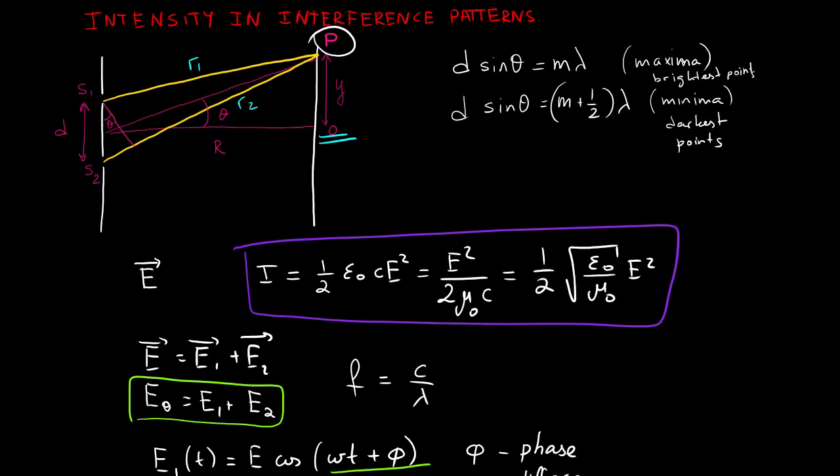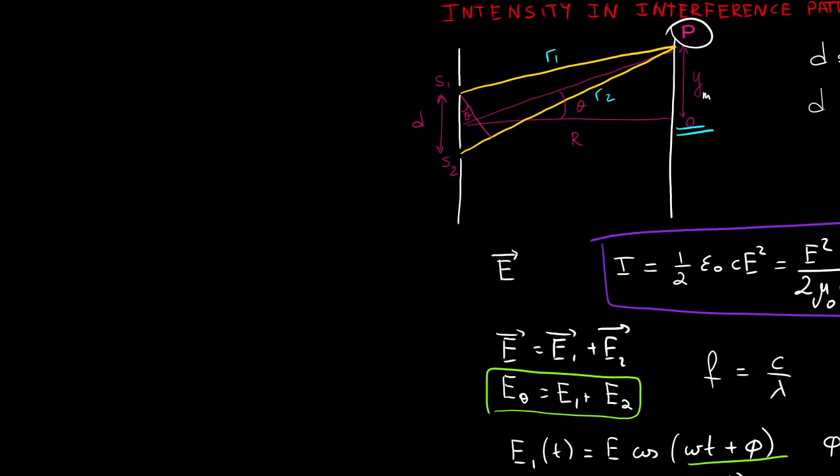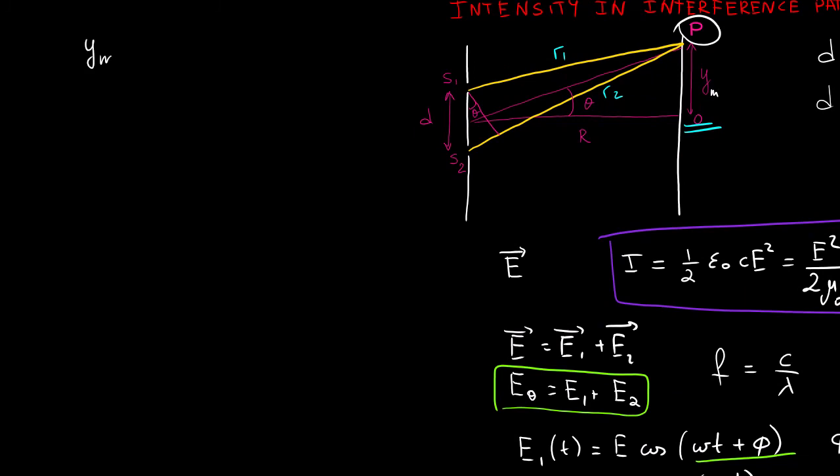Now let's go back to our diagram. In this diagram, the position of a bright band or bright fringe, let's call it y m, we know could be written as y m equals r m lambda over d. Or I can write m lambda over d equals y m over r.